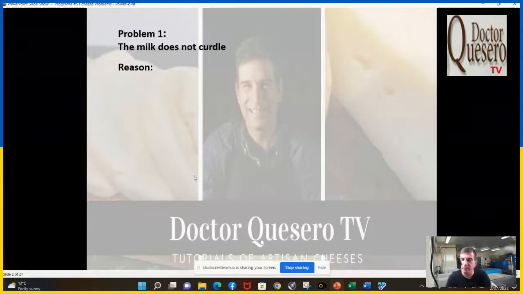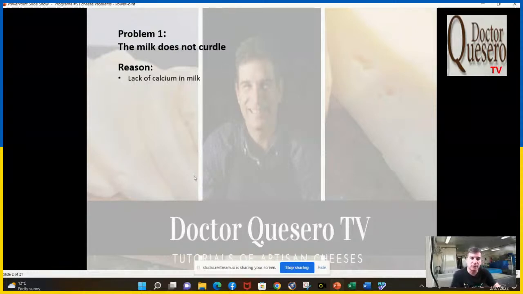So, the reasons: many reasons. One of the reasons is that the milk has a lack of calcium. Sometimes the rennet coagulates the milk, but the curd is too brittle, too weak.